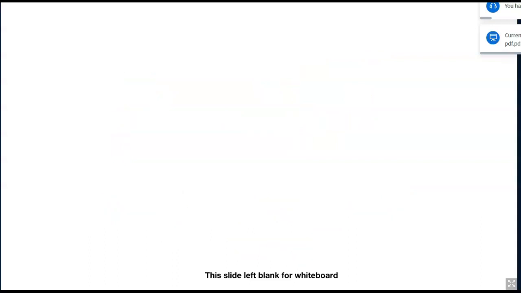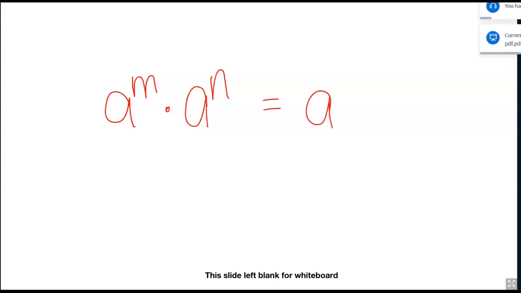When we multiply, we add exponents. So the multiplication to addition rule says that if you have a to the m times a to the n, that is the same as a to the m plus n. This is at the very bottom of the front page of that notes guide.